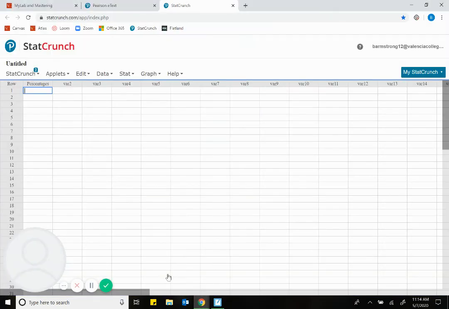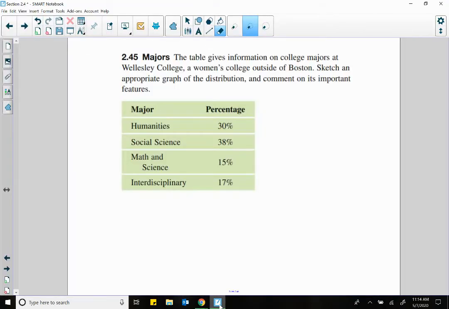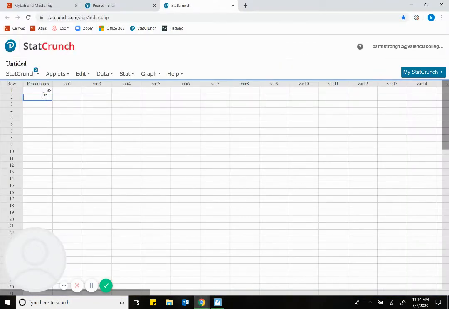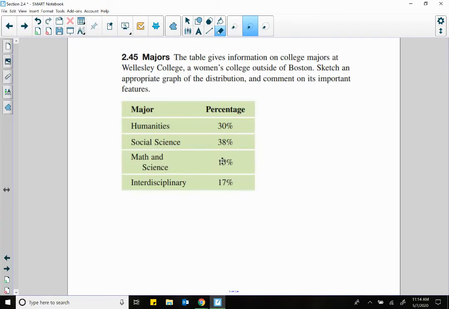Let's go back in here. 30%, 38%. Doesn't really matter, but 30%, 38%. And then 15%, 17%.